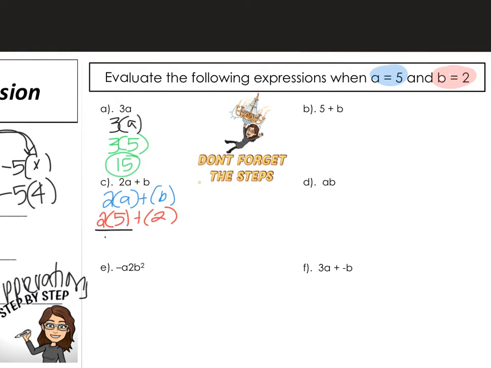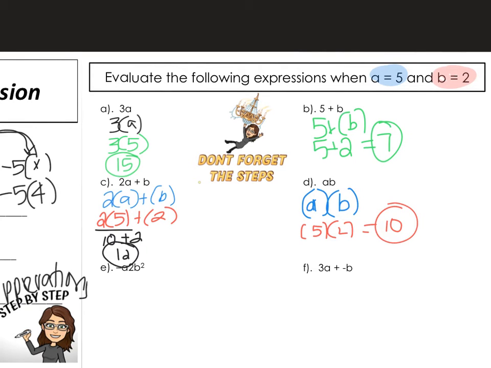I'm going to do this first and get 10 plus 2 to get a total of 12. Why don't you go ahead and stop the video and do B and D. Come back and we'll do E together.